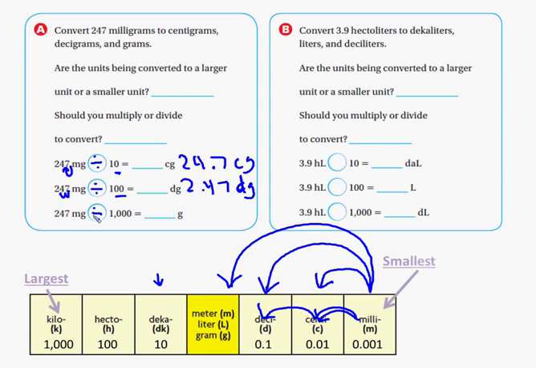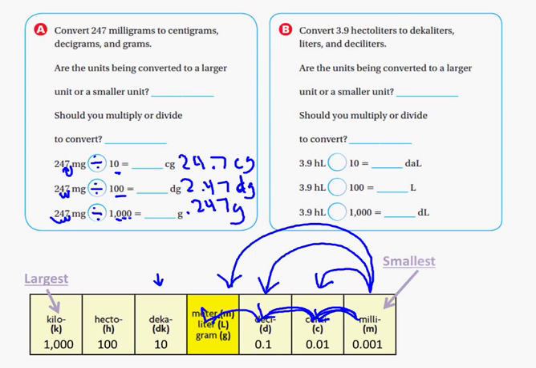Decagrams are over here. And then we have 247 milligrams divided by 1,000 to get grams. Well, I'm moving 1, 2, 3 places over, so that's how we get 1,000. So to divide by 1,000, I move to the left 3 places, 1, 2, 3, and I get 0.247 grams.